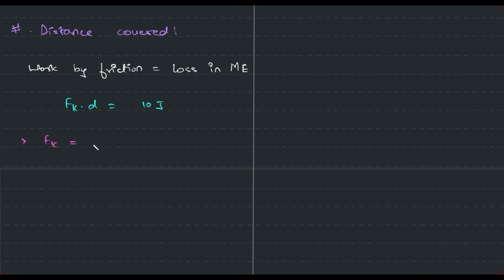Fk should be equal to mu k into N. Mu k is 0.2, N is 2 into 10. So basically 4 Newton. So therefore, d will be equal to 10 by 4. That is 2.5 meters. That's it.